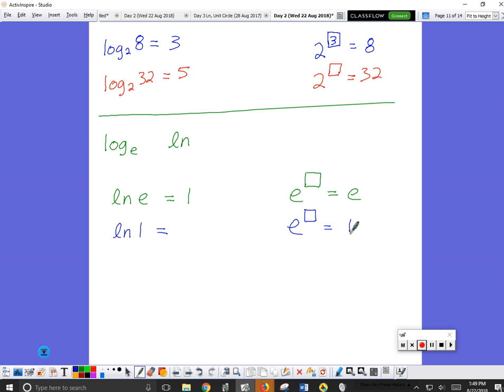So what belongs here? e to some exponent has to end up being 1. If you're doing this, give yourself 2 more tally marks. e to the 0 is 1. So natural log of 1 is 0.